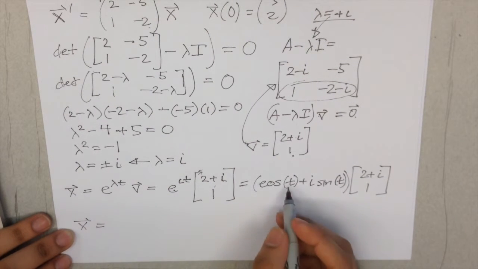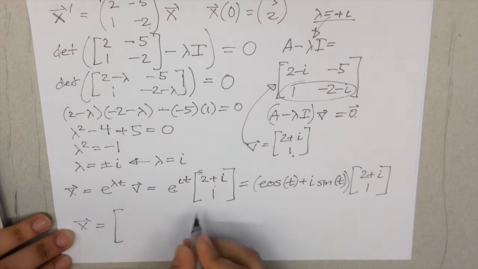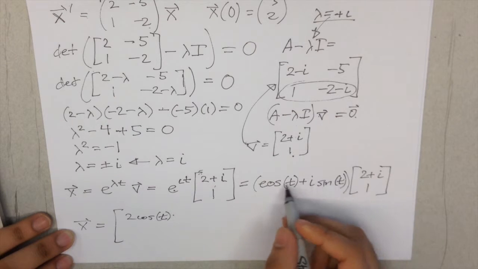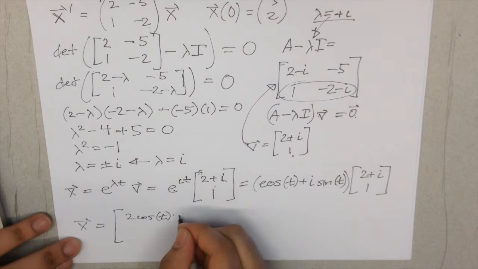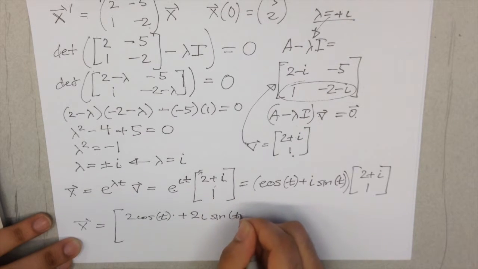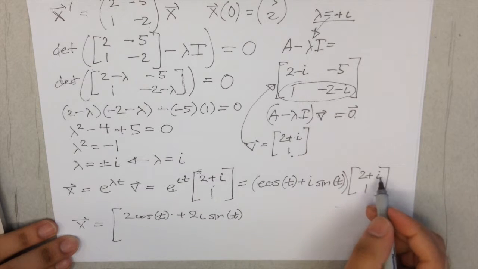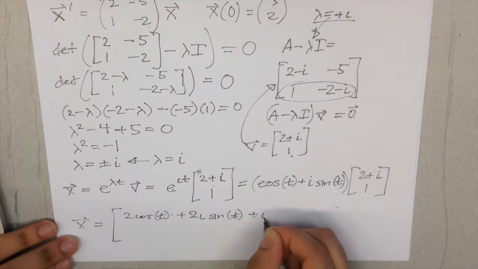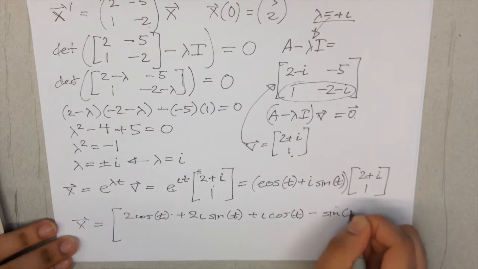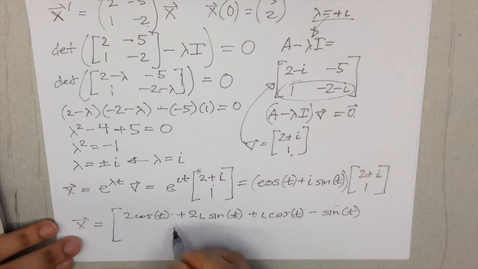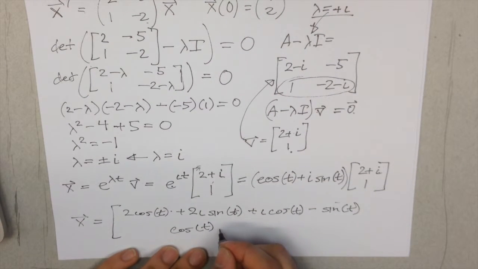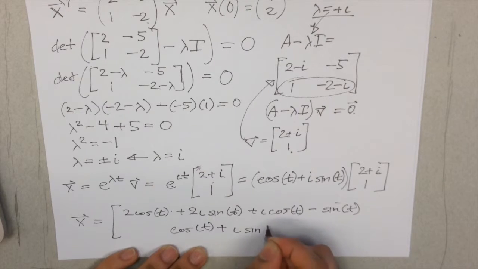So now when I multiply things out, I'll get 2 cosine t plus 2i sine t plus i cosine t minus sine t. And then for my second row, it's just cosine t plus i sine t.